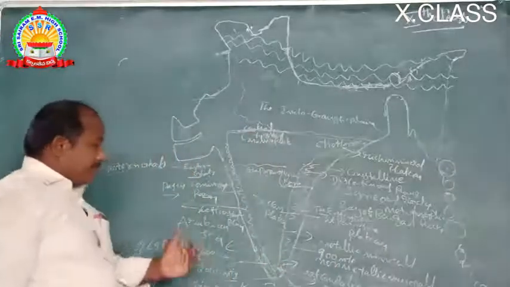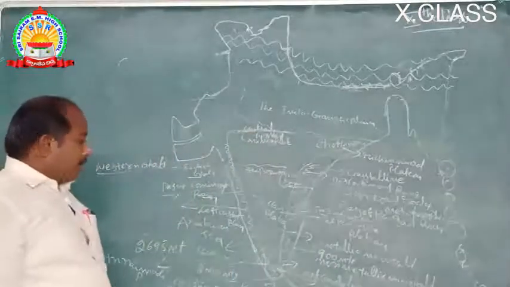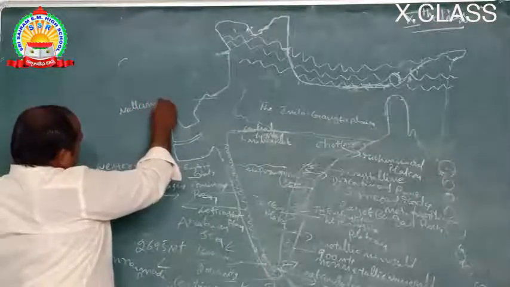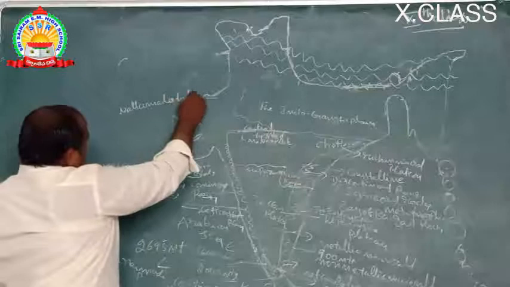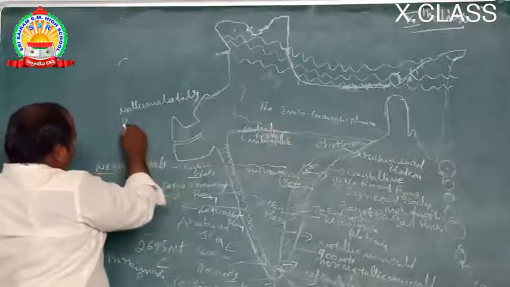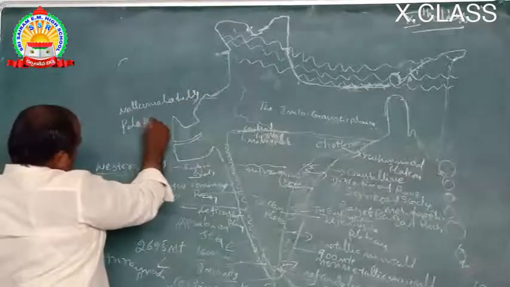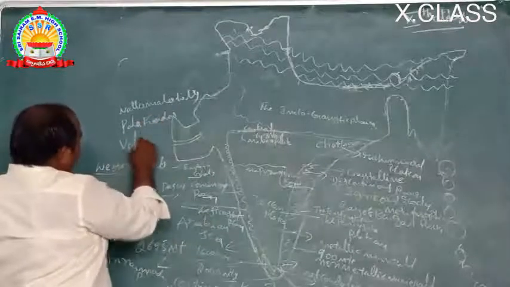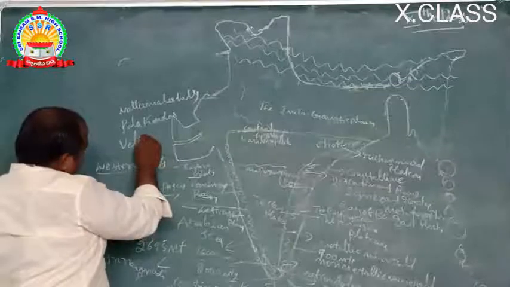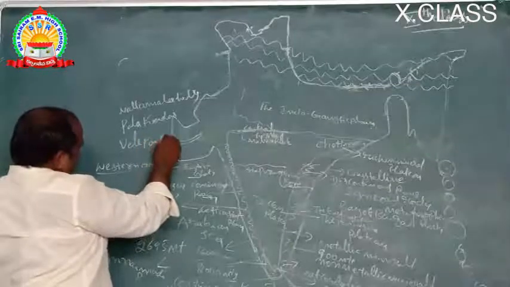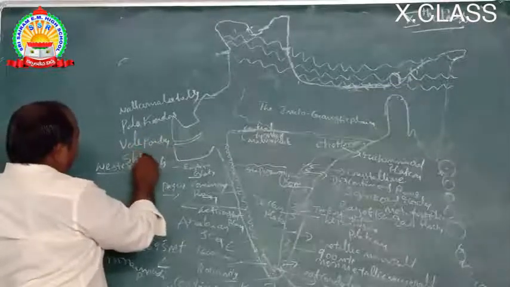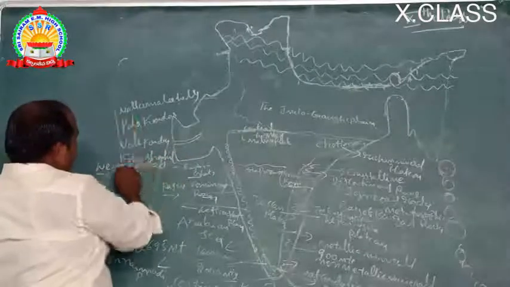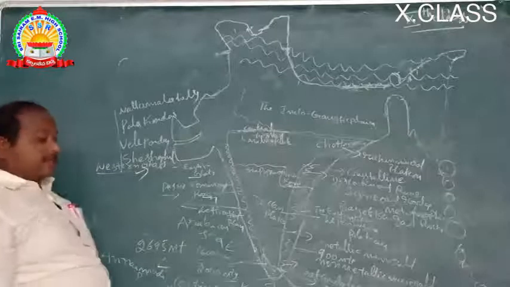Regionally different names: Nallamalais, Palakondas, Velikondas, and Seshachalam Hills. Seshachalam Hills are known as Tirumala Hills.